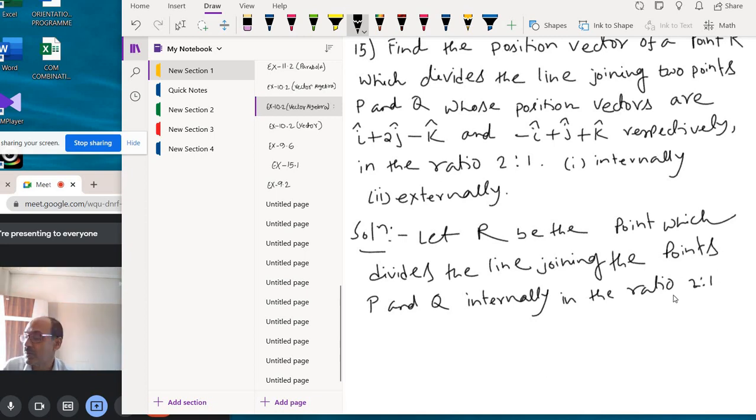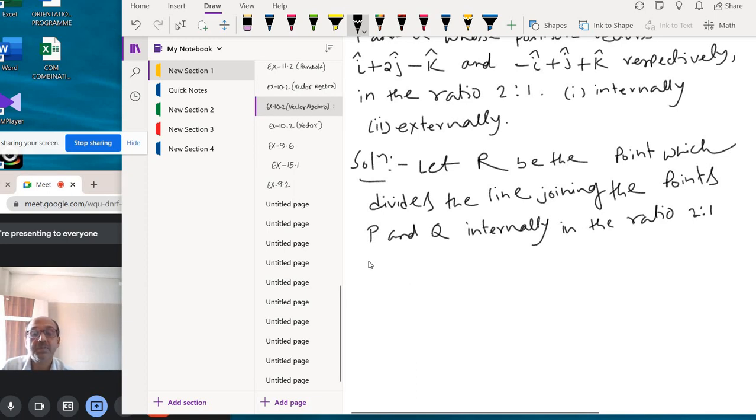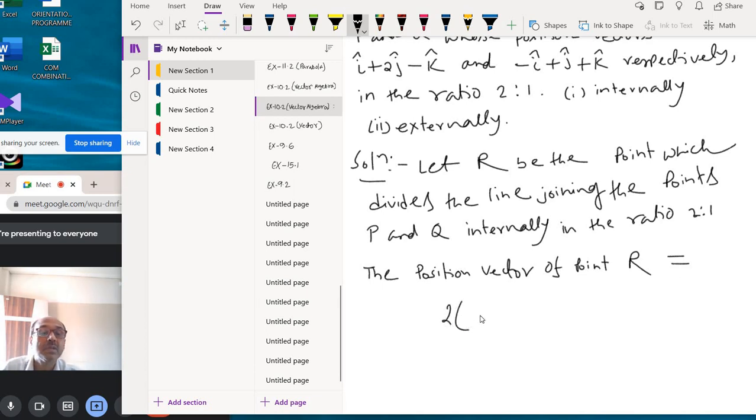The position vector of point R equals 2 into the Q point, which is minus i plus j plus k, plus 1 into the first point, that is P, i plus 2j minus k, since the ratio is 2:1.